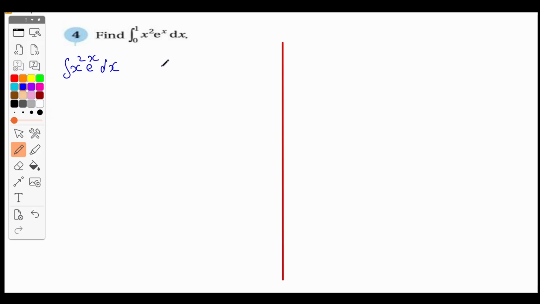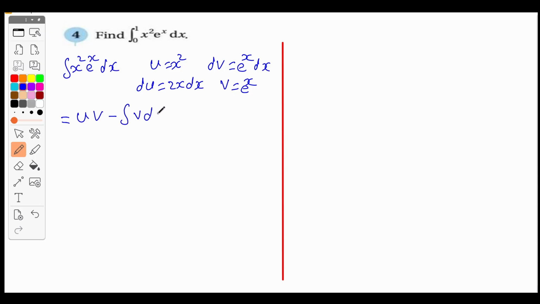Okay, you know that u equals the algebraic x squared, and dv equals the left e to the x dx. So du equals, if we differentiate x squared, 2x dx, and the integral of e to the x is itself. So this one is equal to uv minus the integral of v du.